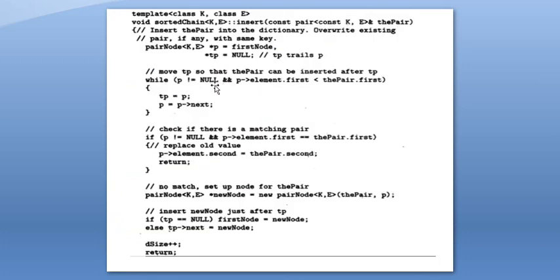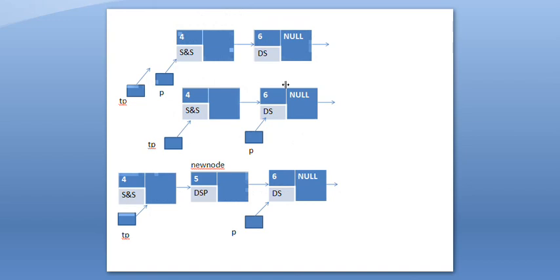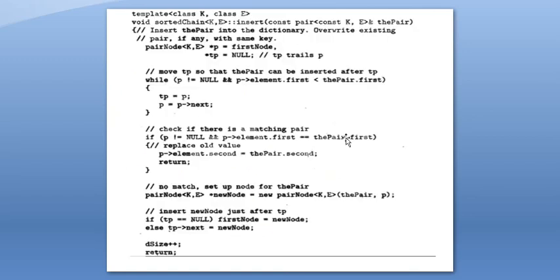it's not null here. This is the program, and element dot first less than the pair dot first we check. So what is element dot first now? Element dot first, you have a value 6 here, and the pair dot first is 5. So you check whether 6 is less than 5.